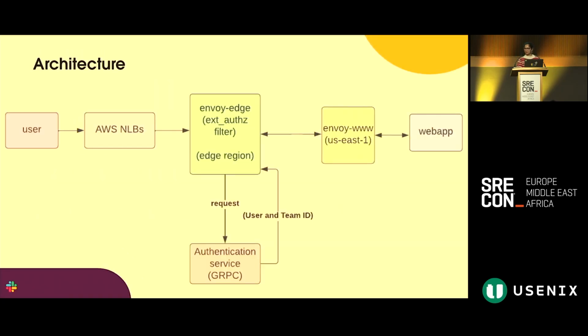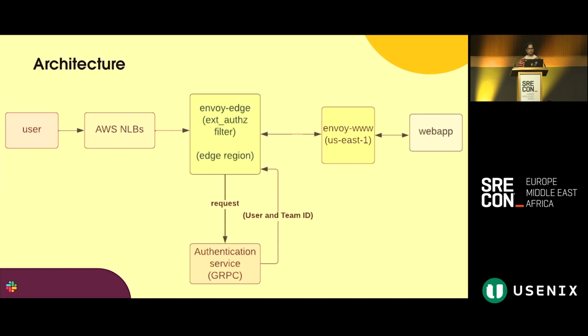I said a lot of words, so maybe a diagram will make it slightly simpler. Here is a very simplified view of how the overall request flow looks. User sends a request, which could be sending a message, with all the DNS magic in between.